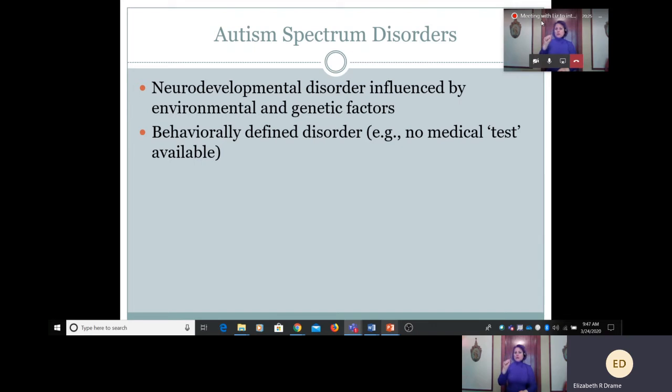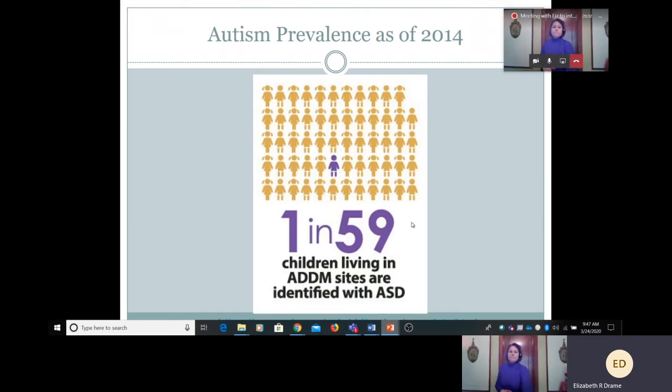In terms of how many children are diagnosed with autism, prevalence is the number of cases of a condition that exists at a particular time for a defined population. The Centers for Disease Control every few years evaluates autism prevalence.